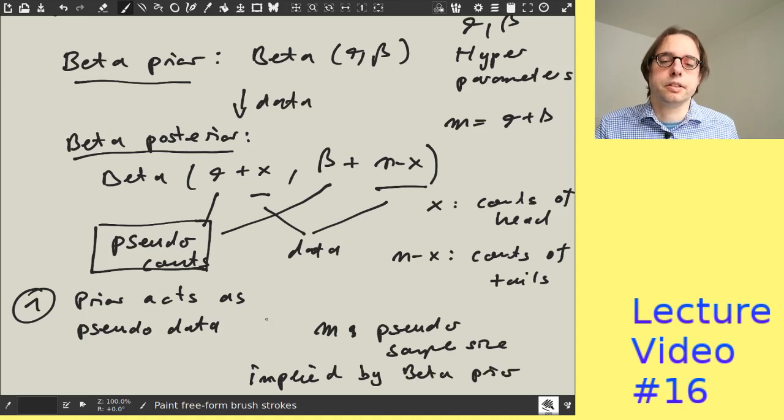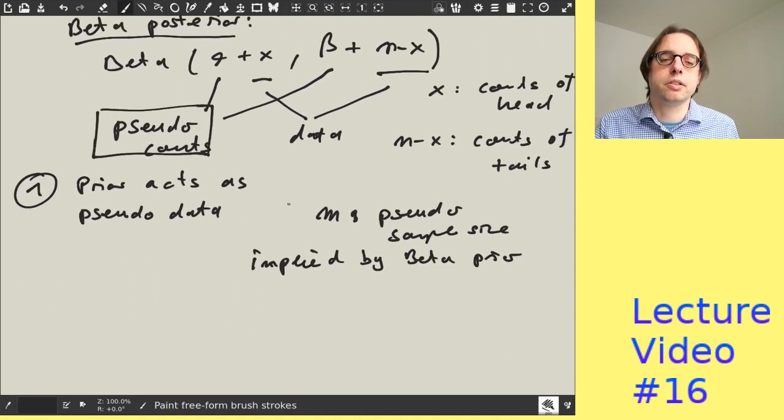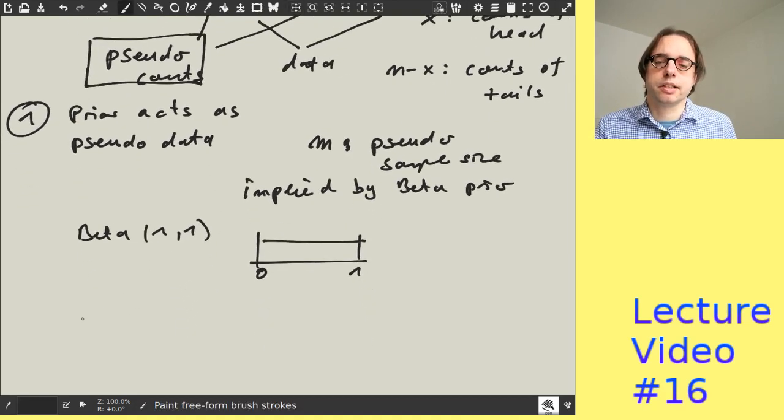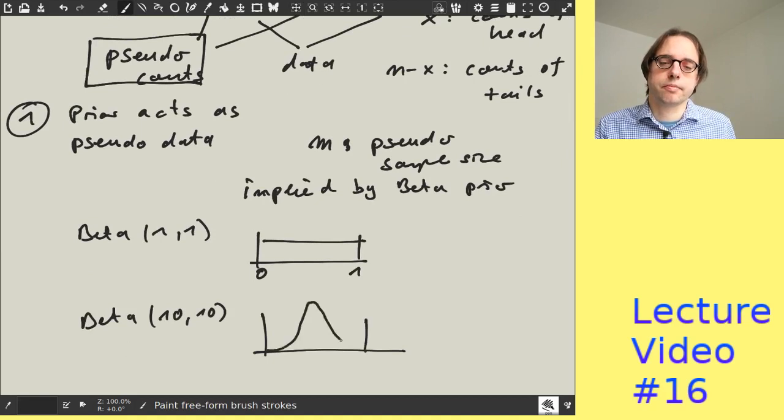So what does this mean? Normally the more sample size we have, the more sure we are about something, so the lower the variance, and that's exactly the same with the prior. Beta 1, 1 would be the uniform between 0 and 1. But if we increase the sample size, let's say beta 10, 10, then it would look more like this.